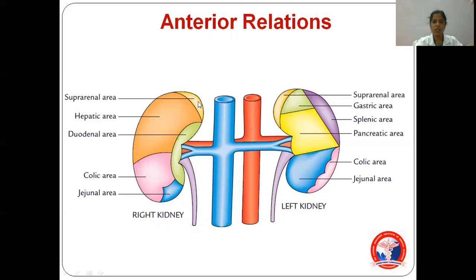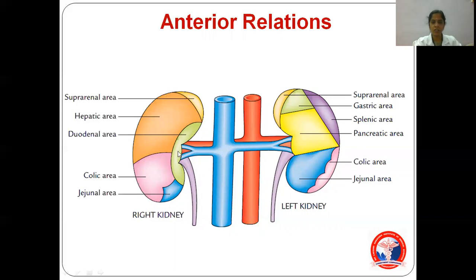For both kidneys, in the upper pole, we have the suprarenal gland. Okay. Then on the right side only, the liver will be seen. The major part of the liver is seen on the right side only. On the left side, the liver is not extending up to the kidney. So on the right side alone, the anterior part of the kidney is related to the liver.